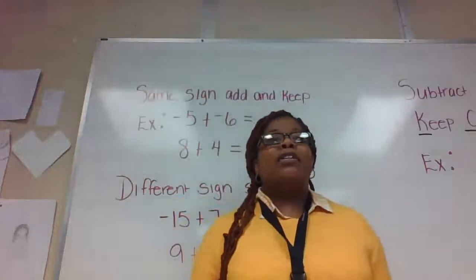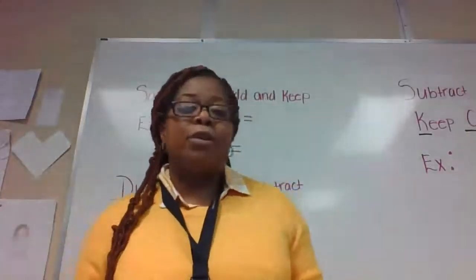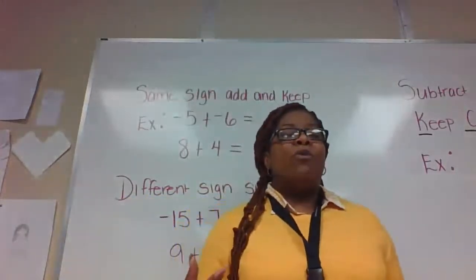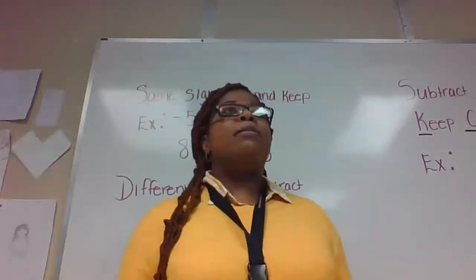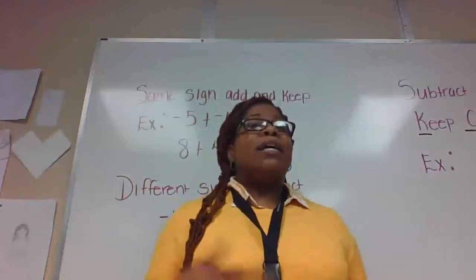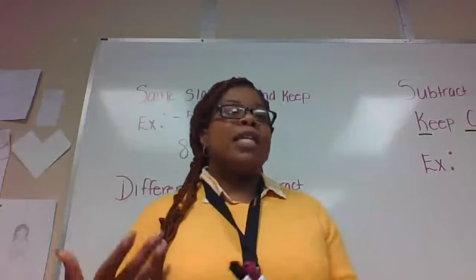And we know another name for our integers is signed numbers, right? The reason they are called signed numbers is because we take an ordinary number and we place a sign in front of it, which tells us the value of the number.